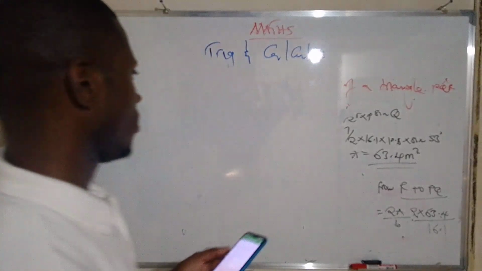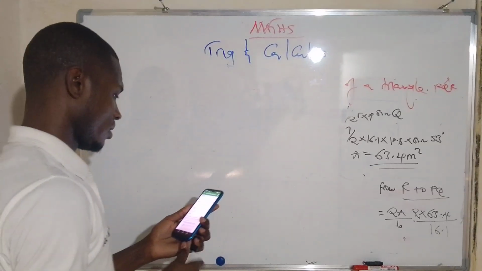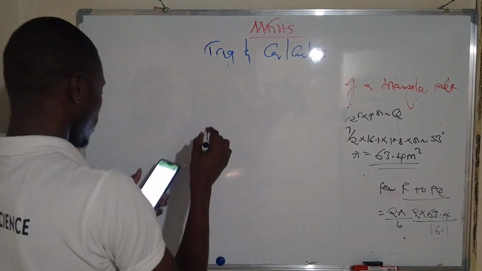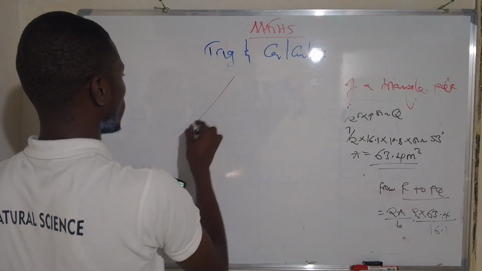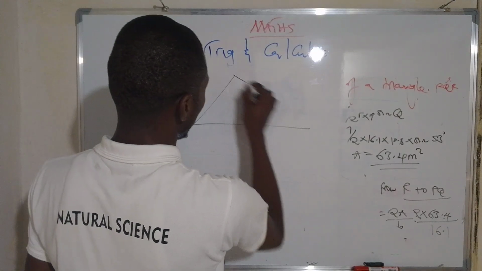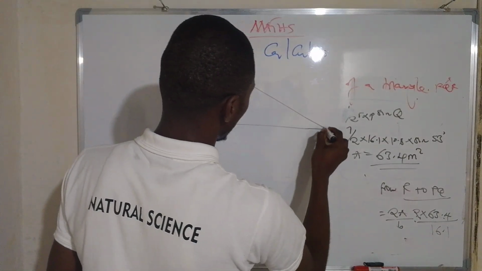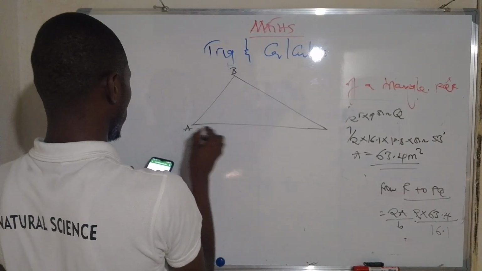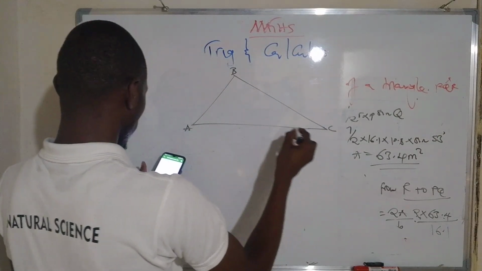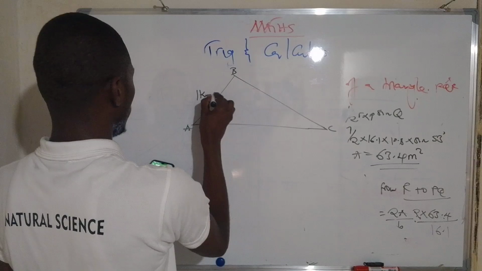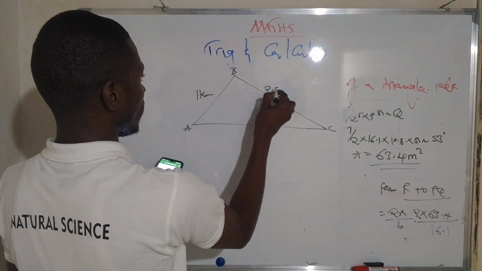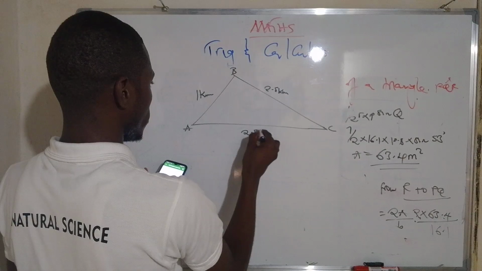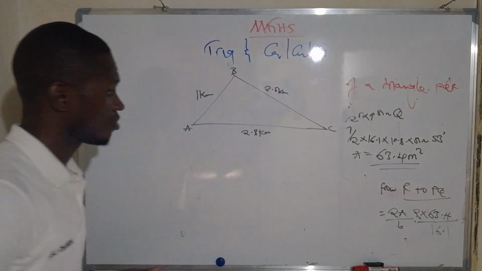The other question which may give us issues is this kind of question. So we have 1 kilometer, 2.5 kilometers, 2.8 kilometers.